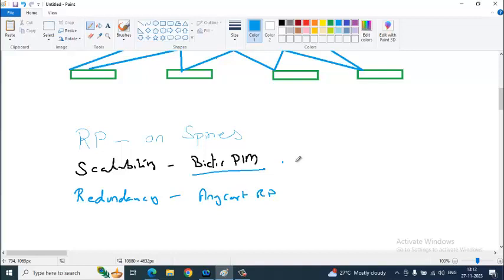If you have sender and receiver role on every device, all will be sender, all will be receiver, which means whenever they send, they become source. Whenever they receive, they become group member. So all are source and all are group member.